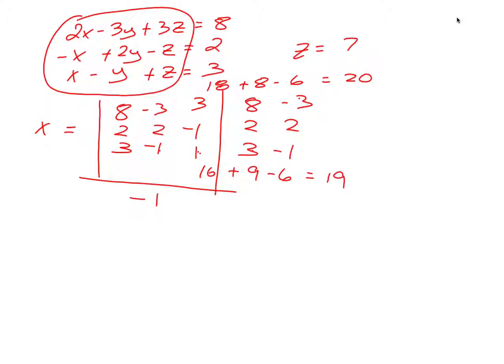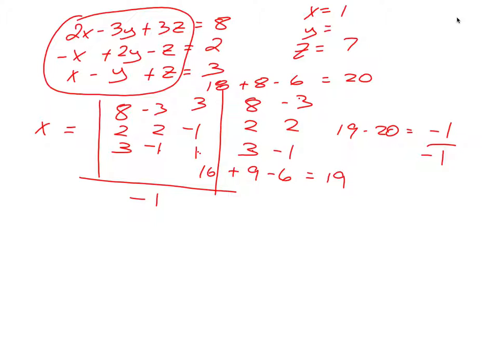So that gives me 20. 19 minus 20 is -1. Divided by the -1 that was in the bottom, that tells me that x has to be 1. Once I have two variables, then all I've got to do is plug it in to find the third.